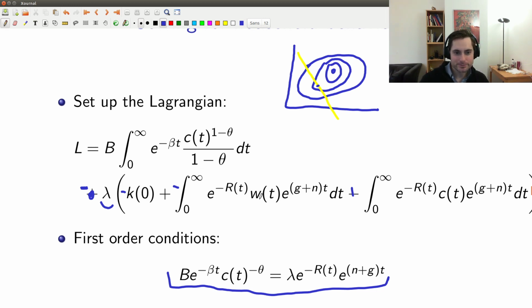And then the same thing here, only this one remains, because there's only a C of t here. The reason why it doesn't really matter if this is negative or positive is simply because it's just about your interpretation of what lambda means. Okay, but anyway, that's what we get for first order conditions.